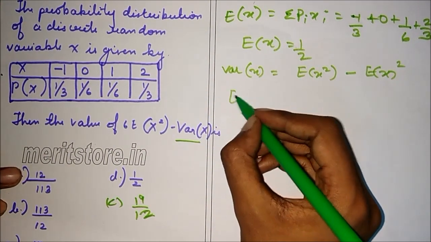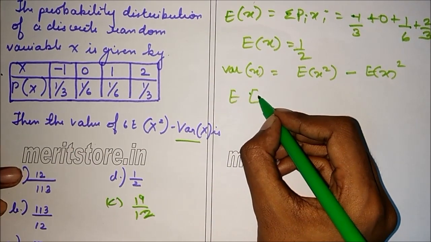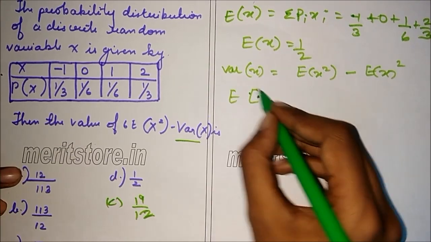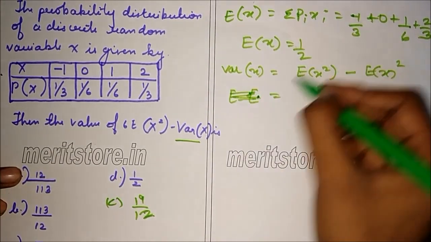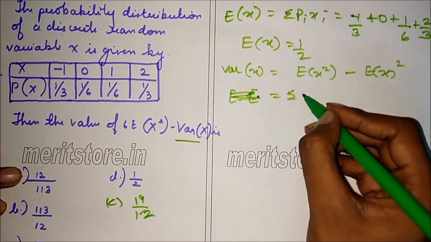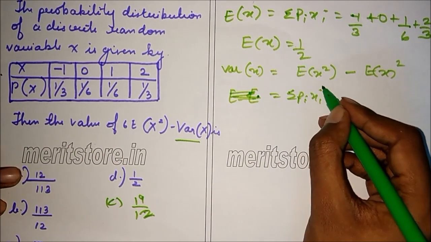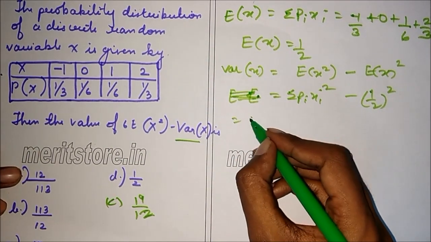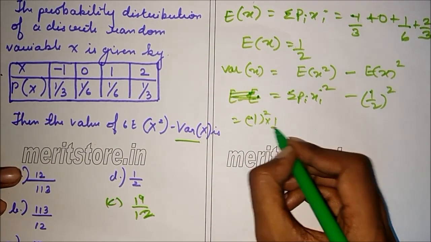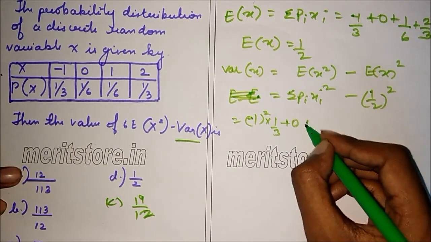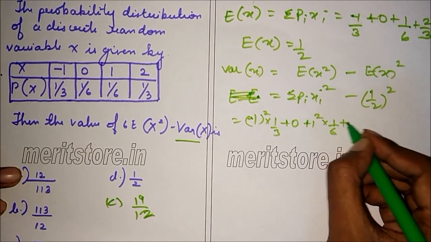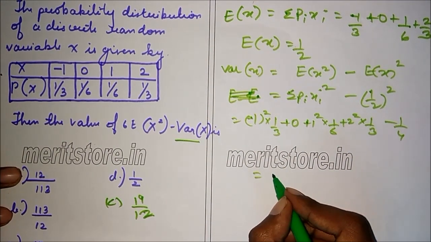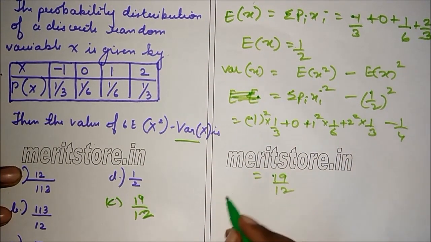So first we will have to find E of x square. We'll substitute the values directly. So this is summation pi xi square minus E of x the whole square, that is half square. So pi xi square is minus 1 square into 1 by 3 plus 0 plus 1 square into 1 by 6 plus 2 square into 1 by 3 minus 1 by 4. So variance is equal to 19 by 12.